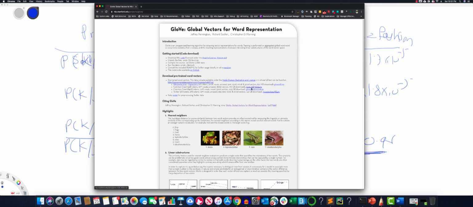For example, here we have 42 billion words with 300 dimensions, and 840 billion words with 300 dimensions. The size of the embeddings is larger, and the accuracy is better. The larger the size, the better the accuracy. So you can start with a small model, and then use a bigger model depending on the accuracy that you want, right? So this is about GloVe embedding.